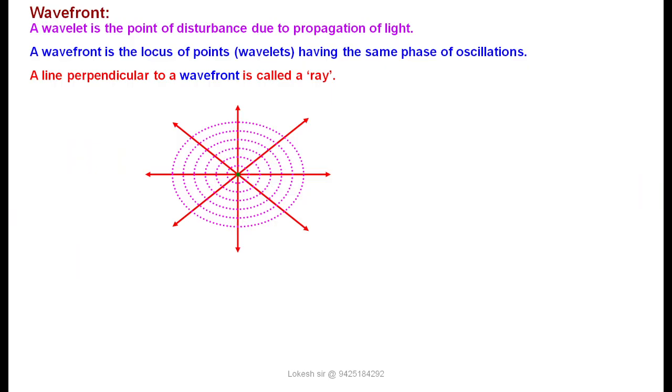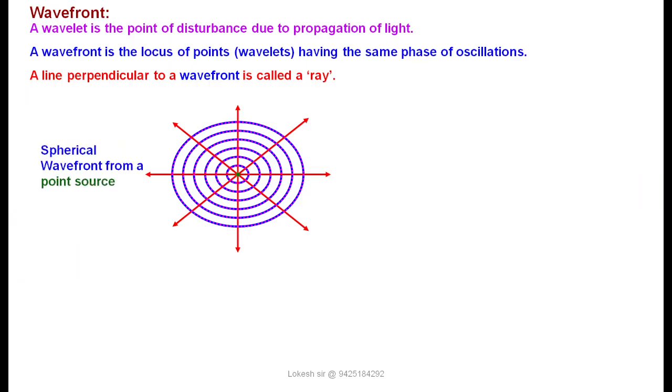The particle vibrating in the same medium, the first layer, transmits vibrations to the new position, and another particle performs its vibration in the same phase. Clear? Now join all the points and you will have the wavefront. So after the source, first is the primary wavefront, then secondary wavefront, then tertiary wavefront. Likewise, so many wavefronts are there.